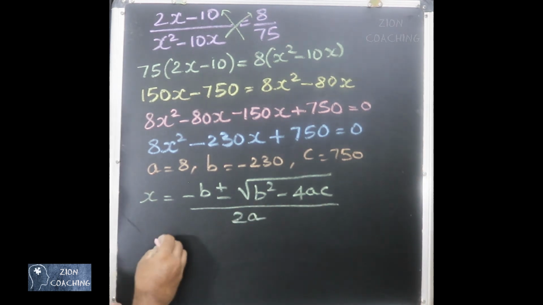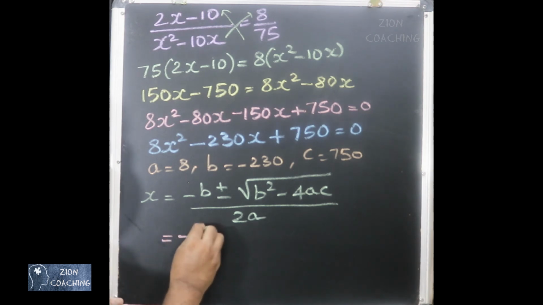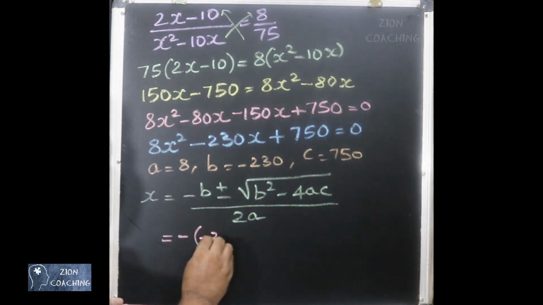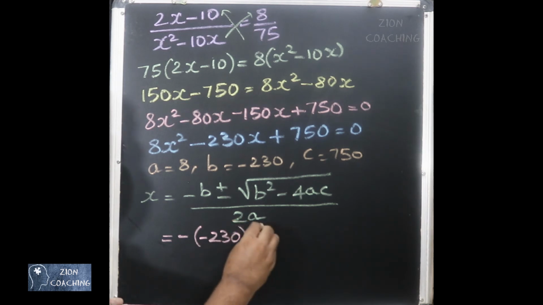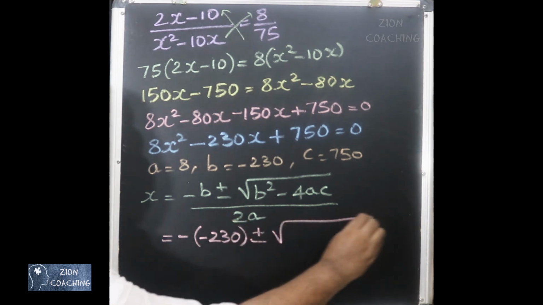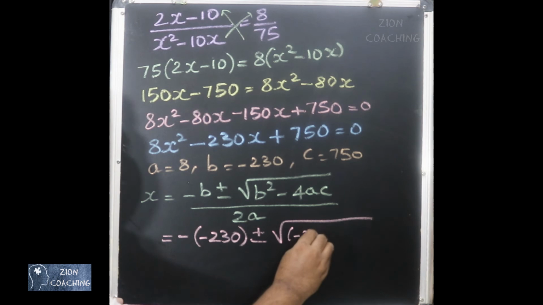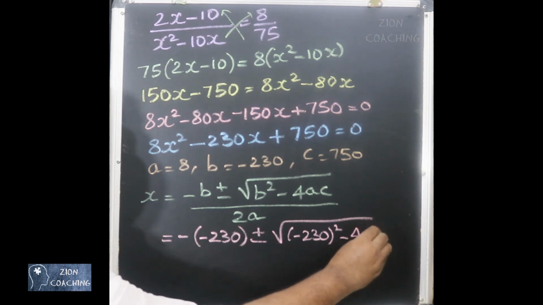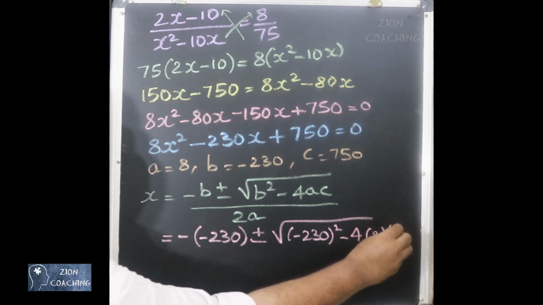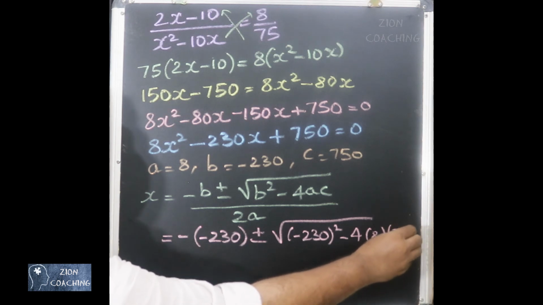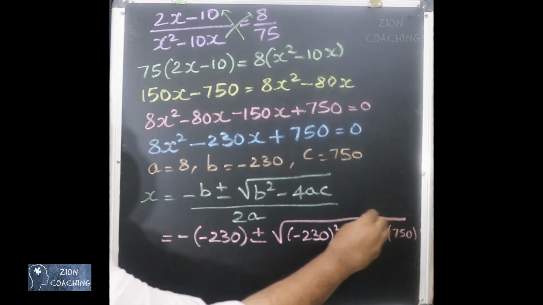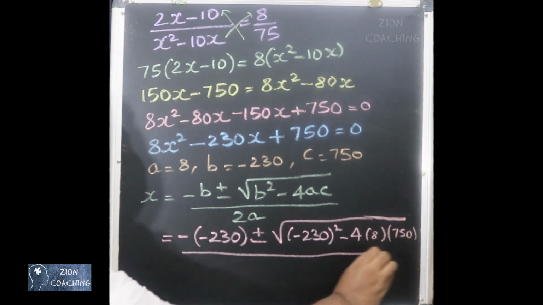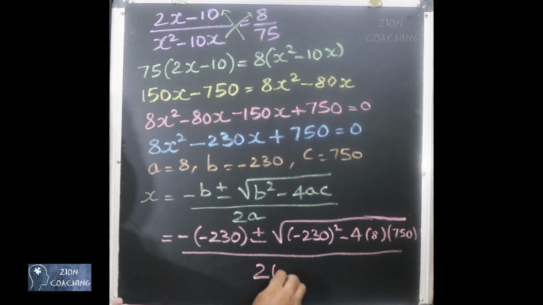Substituting the values, we will have minus of b value, which is minus 230, plus or minus root of minus 230 the whole square minus 4 into your a value, that is 8, into your c value, that is 750, divided by 2 into 8.